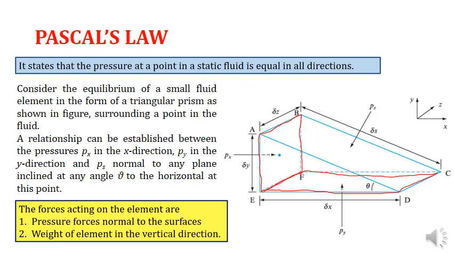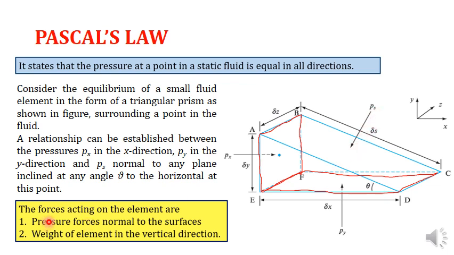If we highlight it, this bottom surface is the plane normal to which the Py force, or in terms of pressure, is applied. The dimensions of this plane are delta x into delta z.